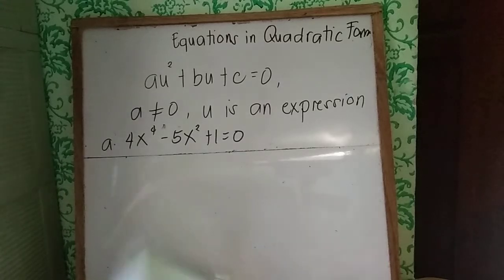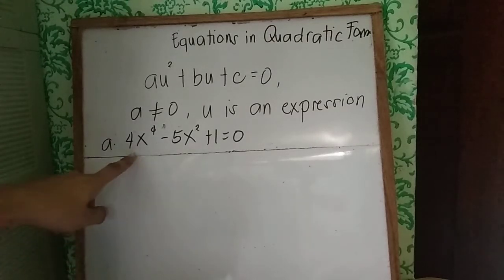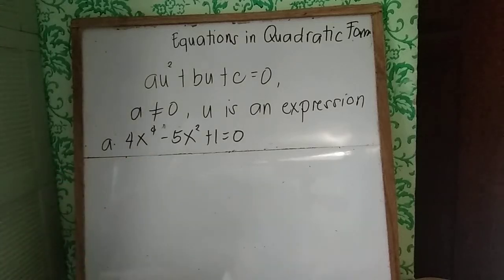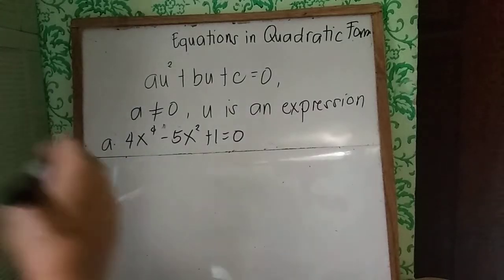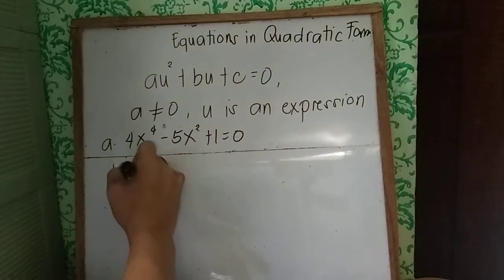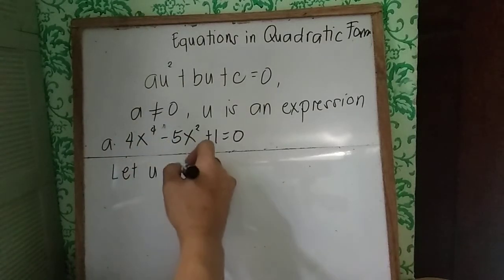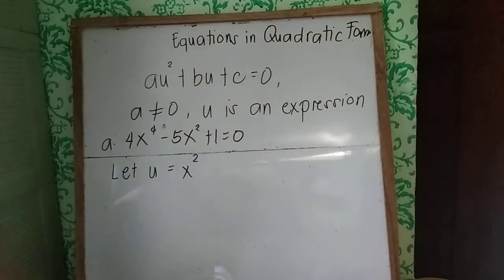So we will let u, so first is to find the common term in the given equation. From the equation, the common is the variable x squared. So we will let u is equal to x squared. So the first step is to find the common.